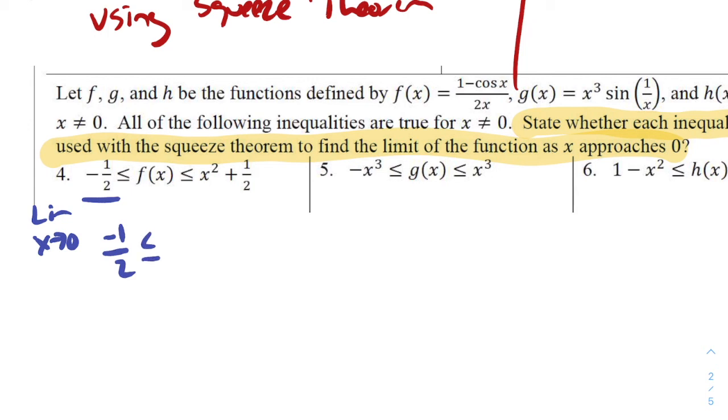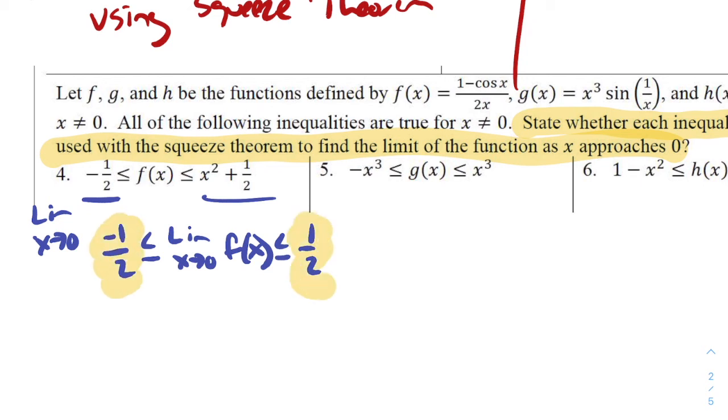So this is the limit as x approaches 0 of f of x, and that should be less than or equal to, if we substitute 0 in for x squared plus 1/2, the 0 squared is 0, and we're left with 1/2. Looking at the squeeze theorem, I've got a -1/2 and a +1/2. Those are not the same, so no, we cannot use the squeeze theorem.